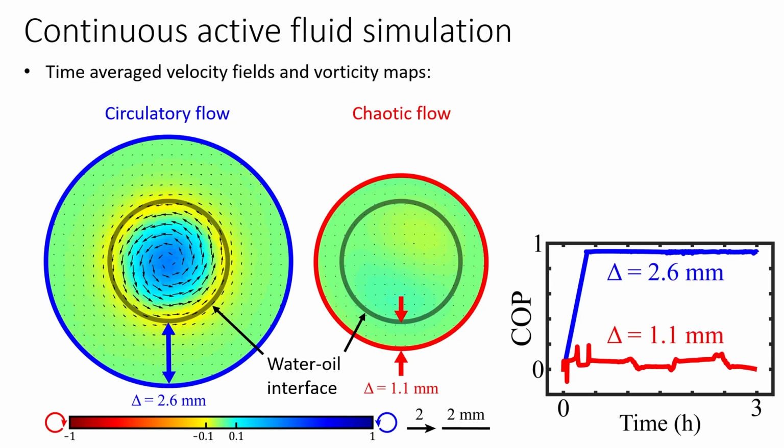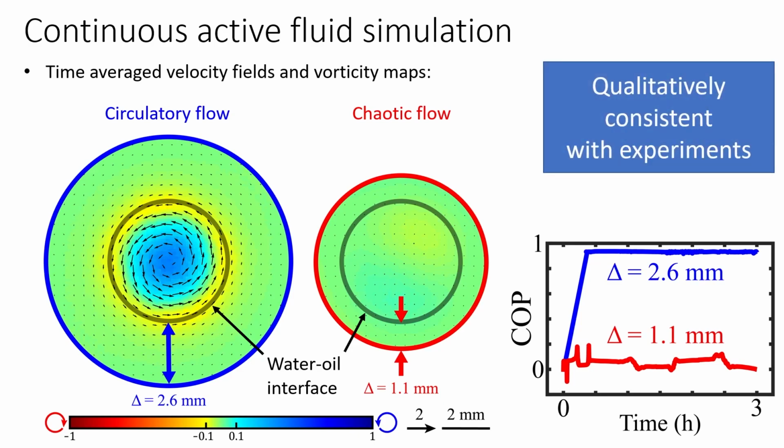We analyzed the circulation order parameter as a function of time, which showed a similar result. For the thicker oil layer case, COP quickly grew to almost 1 and persisted for hours, whereas in the thinner oil layer case, COP fluctuated around 0.